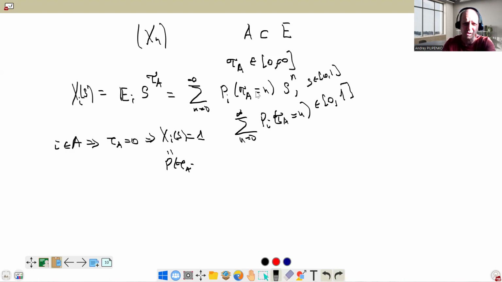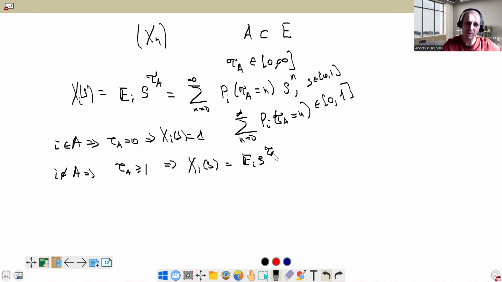So this case is not interesting. And if i is not in A, then tau A is greater than or equal to 1. So xi of s is equal to the expectation of s to the power tau A. But we know that we make at least one step. So let me write this as s to the power 1 plus tau prime A.